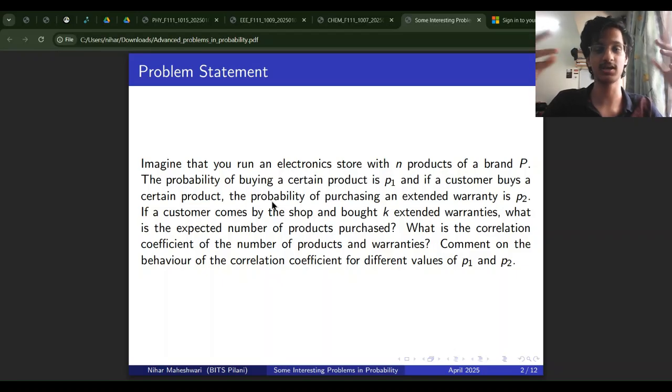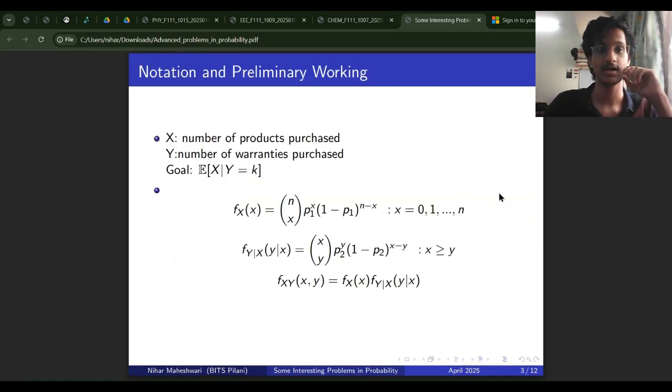Then the probability of you purchasing Y warranties for these X products is going to be binomially distributed with parameter P sub 2, and the number of trials is obviously X, the number of items available to you. And that's exactly what we have here. We've written f sub x, the marginal PMF of x, as binomial, and the conditional PMF of y given x is also binomial. This was, I think, the trickier part.